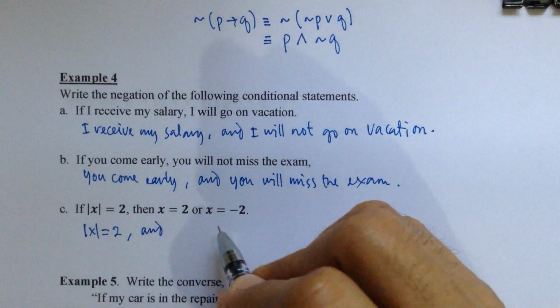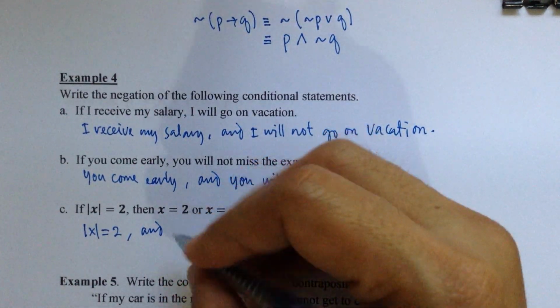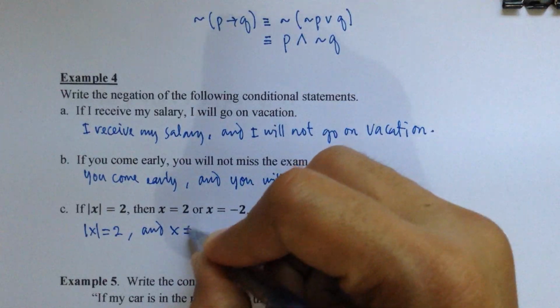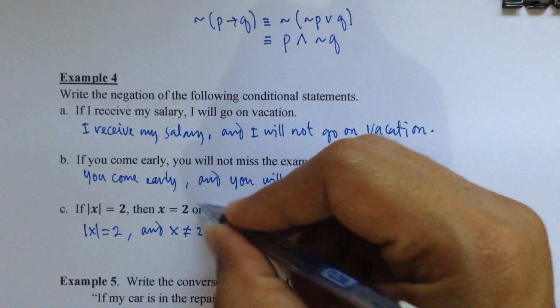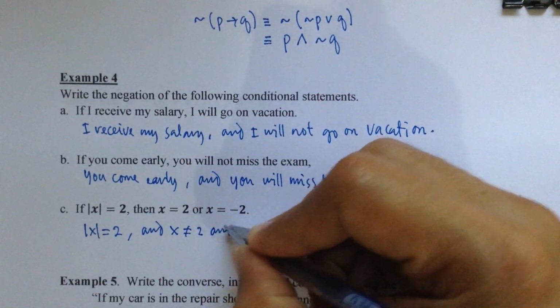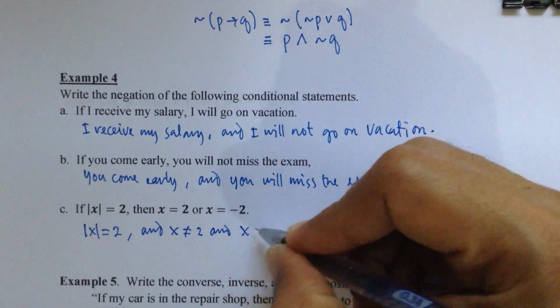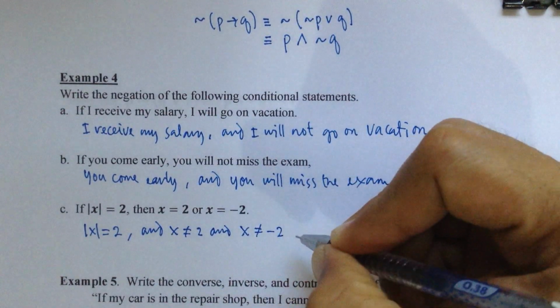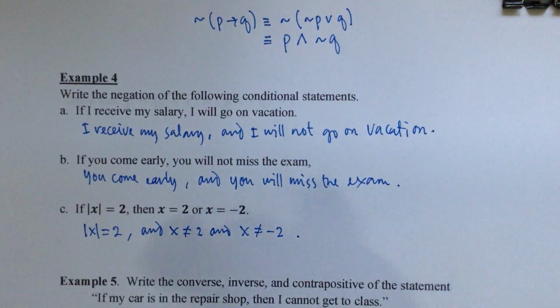Using De Morgan's, we negate this, which is x is not equal to 2, and then or will become and, negation of this, which is x is not equal to negative 2. So this is the negation.